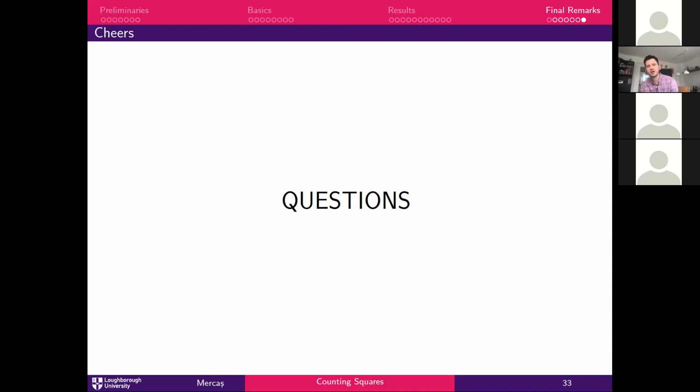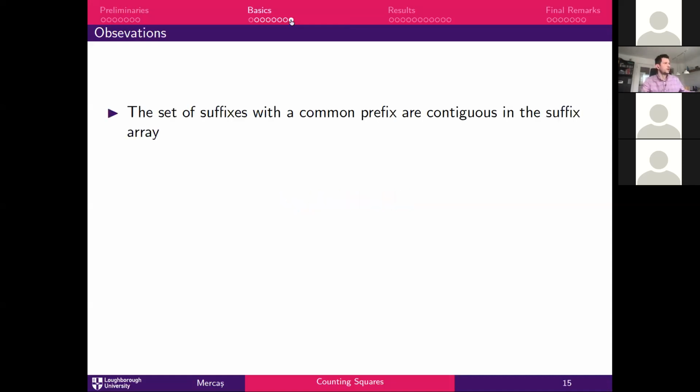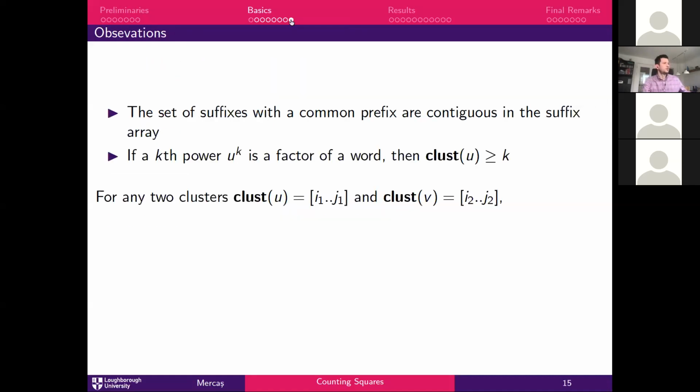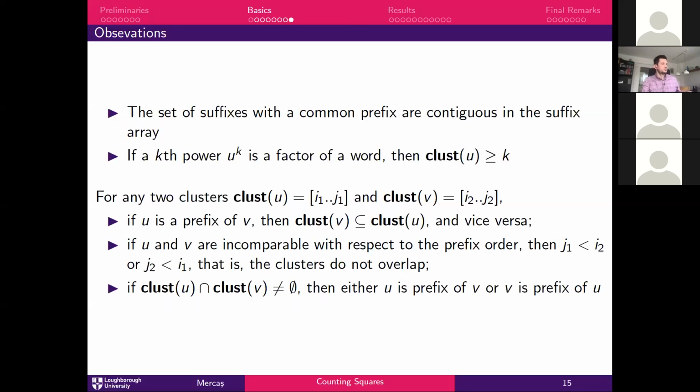Okay, because the properties of clusters you showed at the end of the basic section are precisely the same properties that hold for the classes of the suffix automaton. So I'm not sure how the automaton would help here, right? I was thinking just in terms of the definition of these properties; they are quite basic, so it's nothing special here.